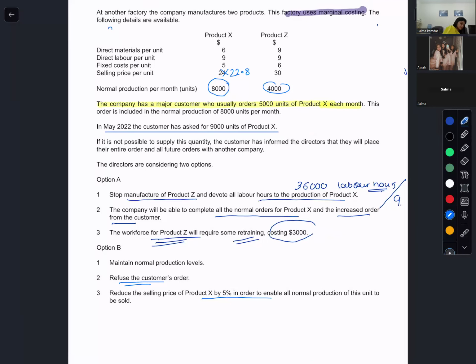It will be 22.8 minus 6 minus 9, so it is 7.8. And what is the contribution for product Z? It's going to be 30 minus 9 minus 9, so it's 12.